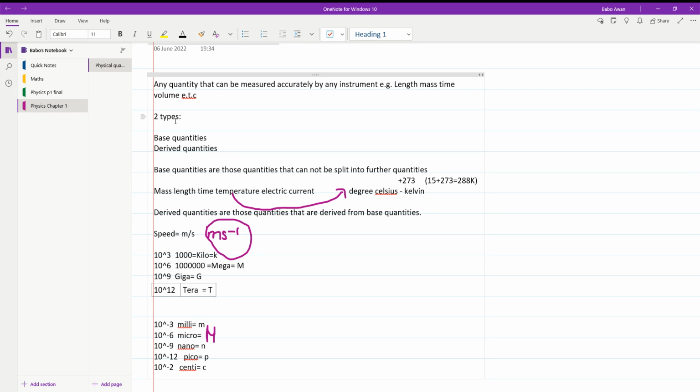Moving on to the scalar and vector quantities. Okay, so let's do one thing. We will finish off here on prefixes, and then we can continue with scalar and vector quantities in our next video.